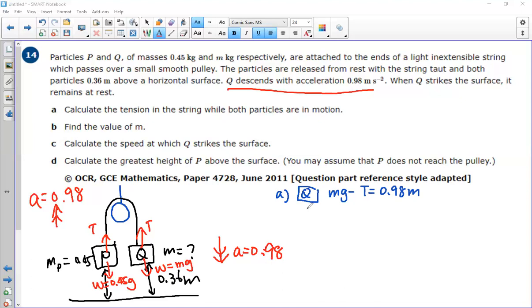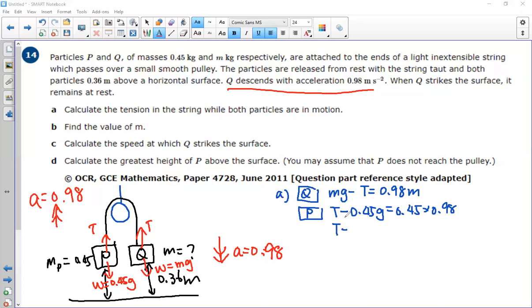And then for P, we're using upwards as the positive direction, so now T is positive, so it's T minus the weight, which is 0.45g, and that equals ma, so it's 0.45 times the acceleration 0.98. So from the second equation, you can see that I can work out T straight away.